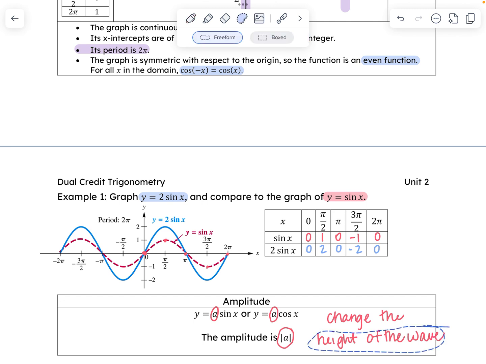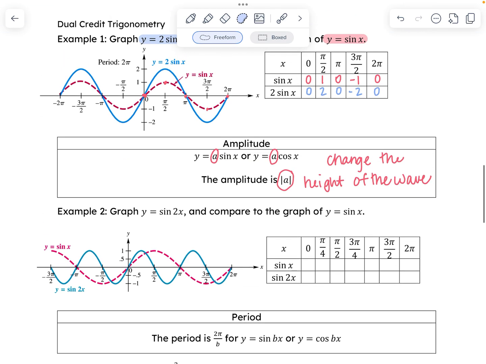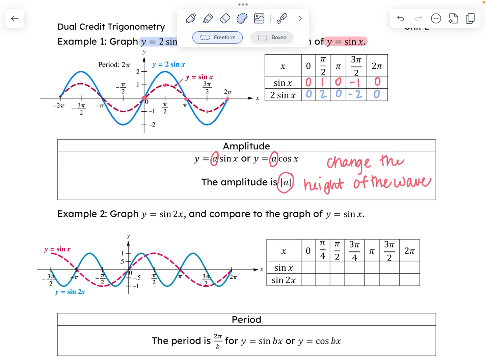Okay, another thing that can change our wave is our period. Now we've kind of already talked about the period. Our normal period is from 0 to 2 pi, but now if we multiply it by something inside of our sine, so sine of bx, or inside of our cosine, cosine of bx, that is going to change the length, the period of the wave.